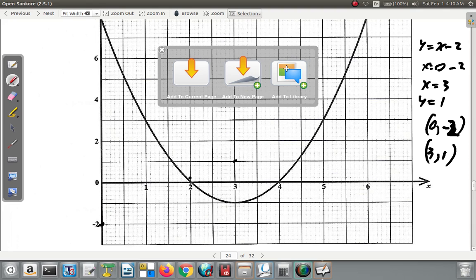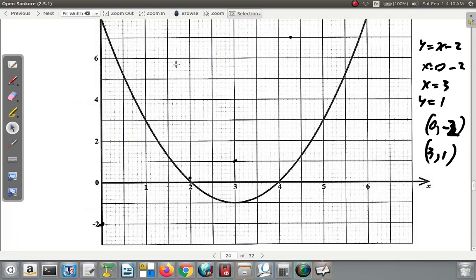Where's my straight line? See, I'm having a bit of a technical problem here. The computer seems to have hung up on me. Oh, it started working again. Good. Alright.